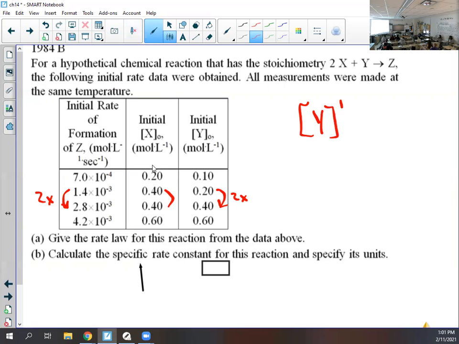All right, so what I'm going to look at, oh, the switch colors here. I'm going to say this doubled and this doubled. What happened to this rate?